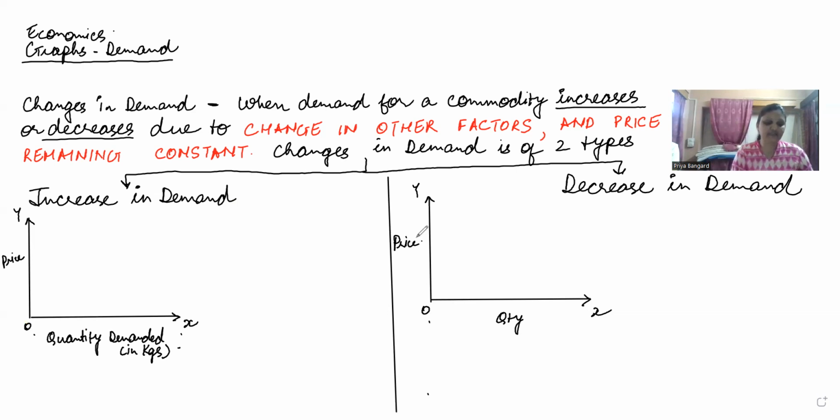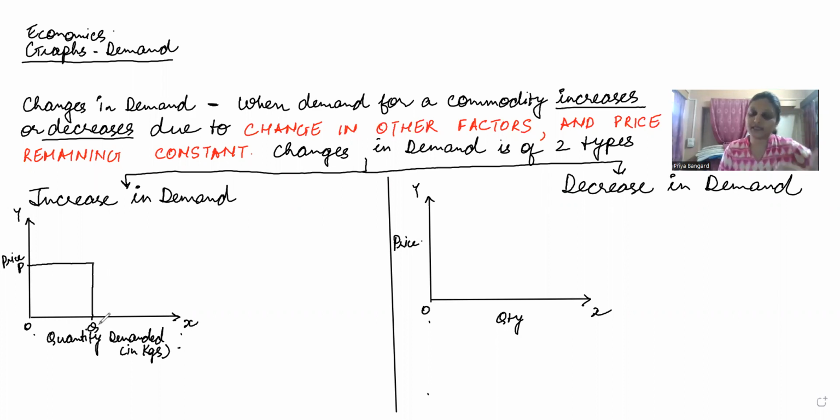So for increase in demand, see there was P price पे originally Q quantity was demanded. एक price थी certain P, उस पे Q quantity was demanded. But now what happens is price is constant, but maybe किसी इंसान की income बढ़ गई, okay?